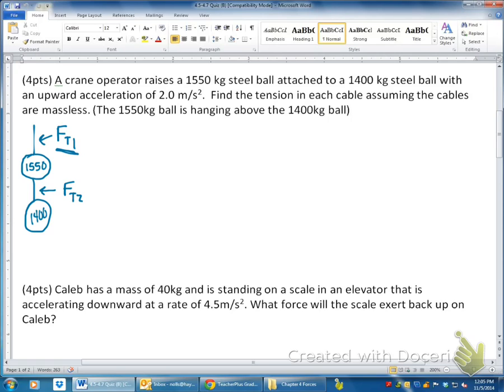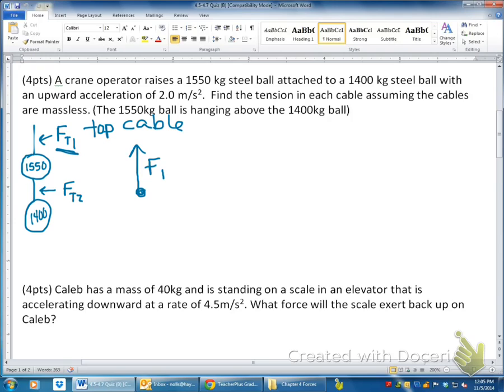This is what the free body diagram looks like for this top system. Okay, we divide these kind of in two systems. So this top cable, we're going to draw the free body diagram for it. So what forces are acting on this top cable or this top of the system? What are we looking at here?